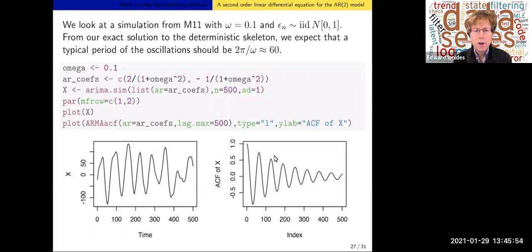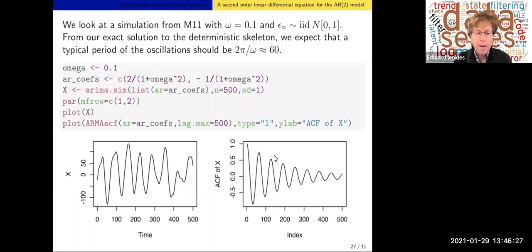We set the AR coefficients from the equation that we had in M11, and we do arima.sim with those AR coefficients, and we also do ARMAacf with those AR coefficients to get the theoretical autocovariance function, here autocorrelation function, in fact. And here we see them in these two figures.